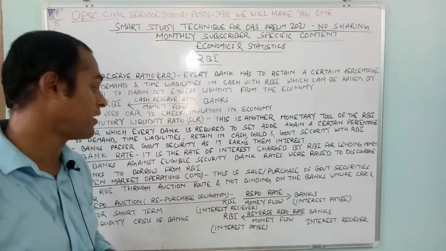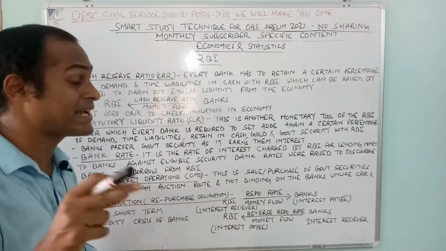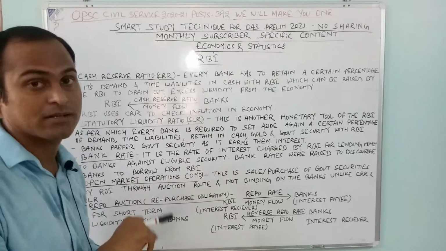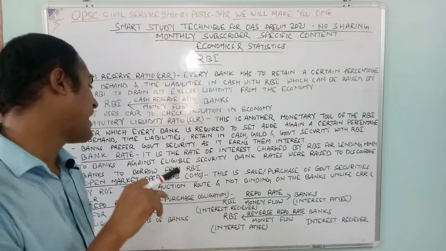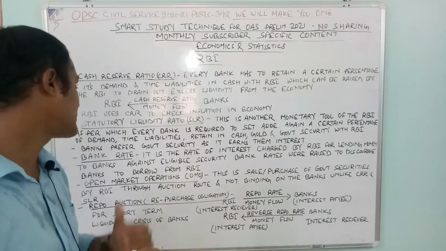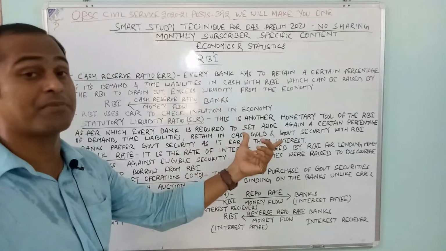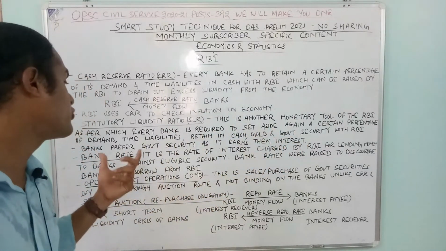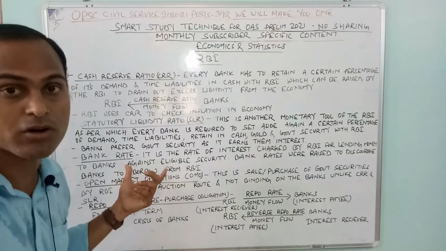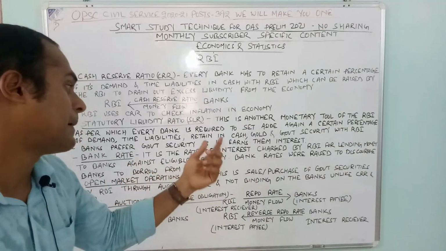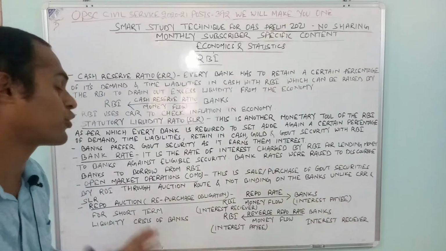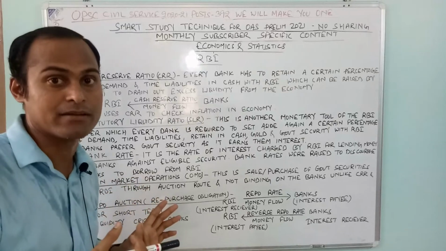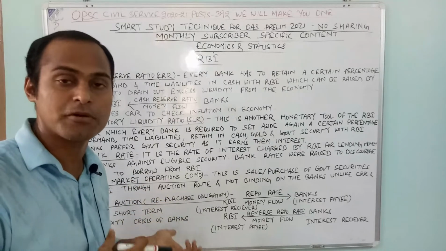Bank rate is the interest charged by RBI for lending money to banks against eligible security. RBI will charge interest for lending money to banks, meaning whenever banks draw, RBI will get the interest. Bank rates were raised to discourage borrowing from RBI, meaning when the interest rate is high, banks will not borrow from RBI.